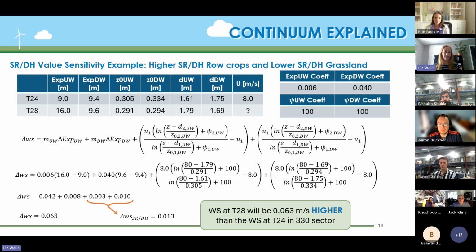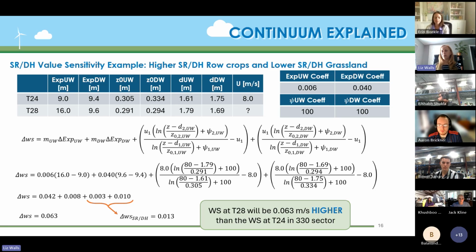So here's our equation looking at the changes due to exposure as well as the wind speed changes due to the upwind and downwind roughness. Plugging in our numbers now with the higher roughness and the higher displacement height due to those row crops. And what we see is that the change in wind speed is actually reduced, which I thought was pretty interesting, but it makes sense when you think about it because both of the turbine sites, T24 and T28, have row crops both upwind and downwind.